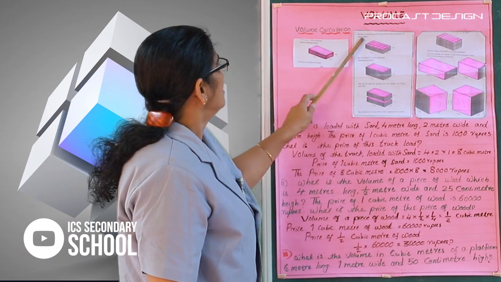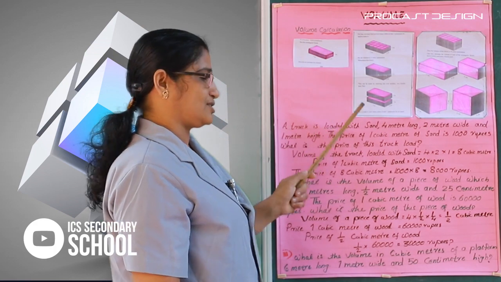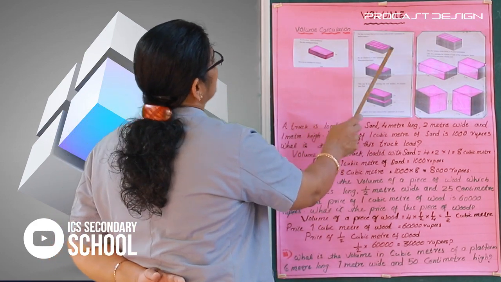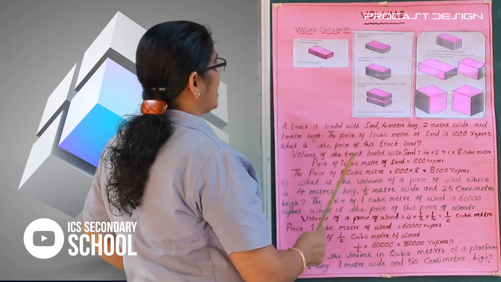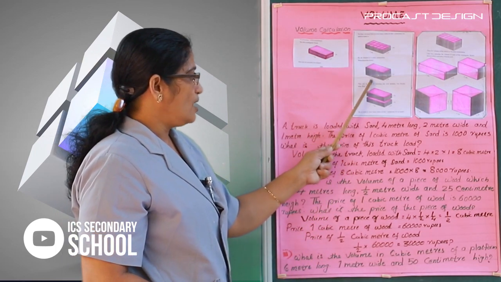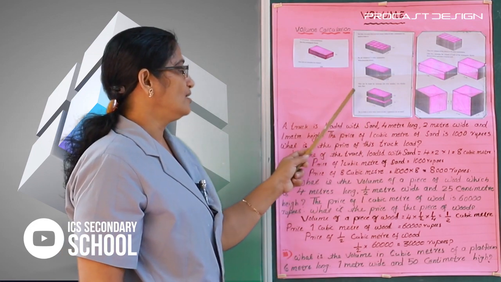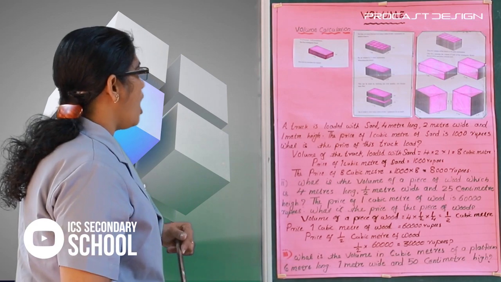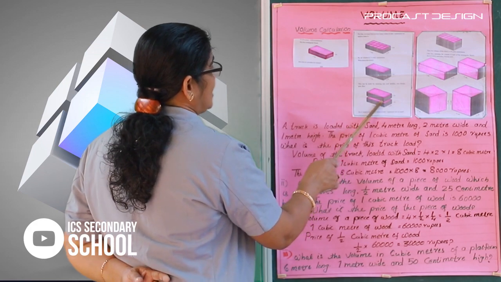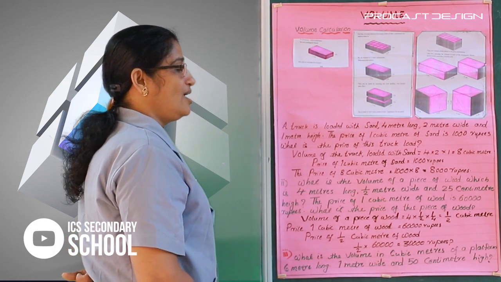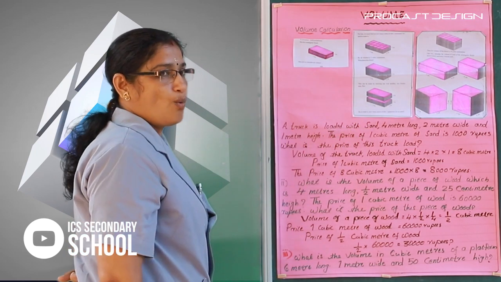And next, we must find how many cubes of side 1 centimeter we need to make it. 5 centimeter, 3 centimeter and 1 centimeter. So this volume is 15 cubic centimeter. This can be made by stacking another block over it. The first block is 5 centimeter, 3 centimeter and 1 centimeter, and another block is 5 centimeter, 3 centimeter and 1 centimeter.